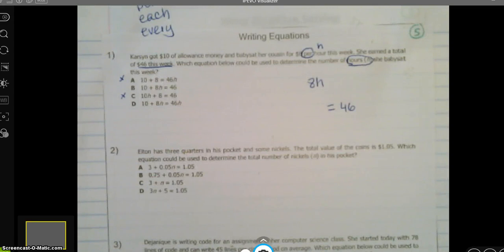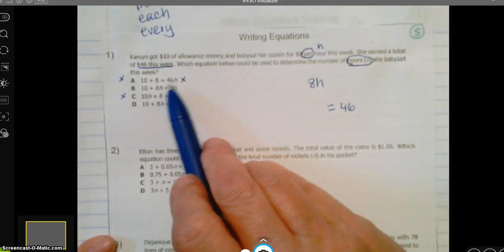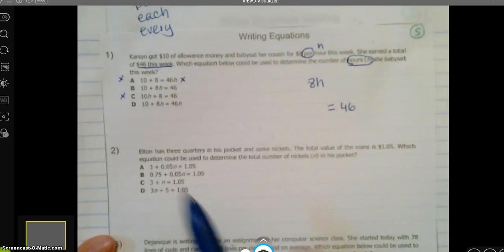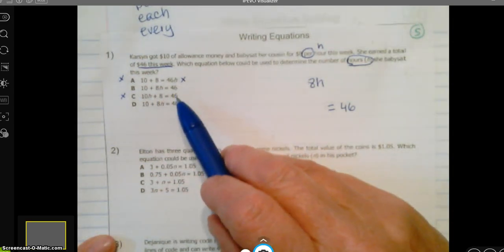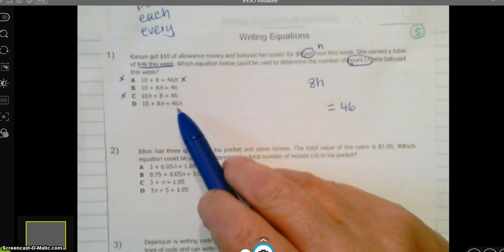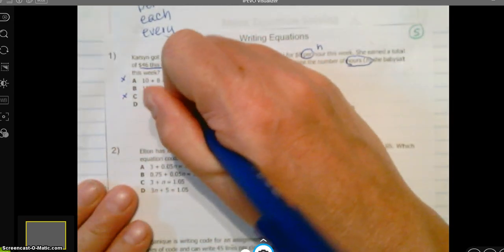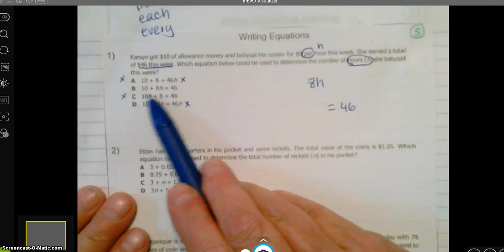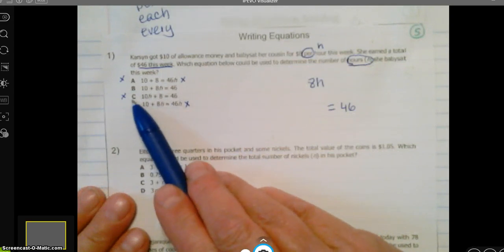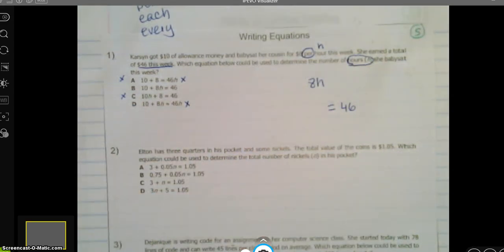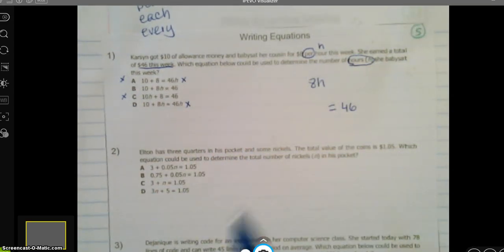So based on that information, we already crossed off A, because I didn't say 46h, it's just 46. It could be B, it could be C, but it's not going to be D, okay? Now more than likely we've actually already gotten to the answer, because notice I already crossed off C. That's how easy it is, okay?